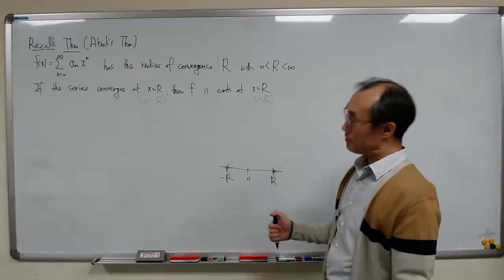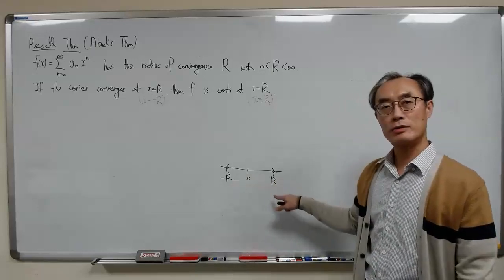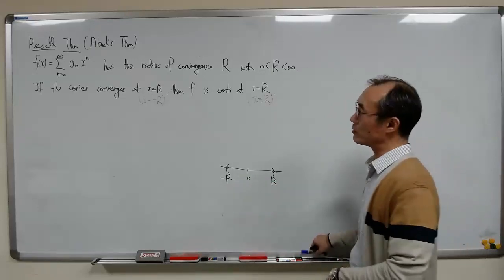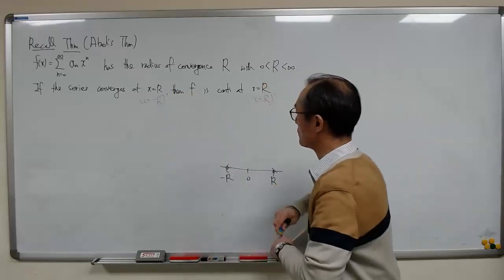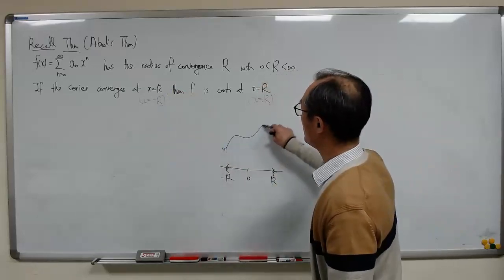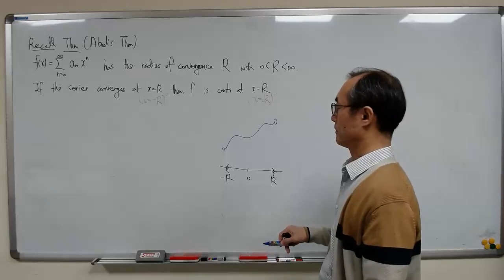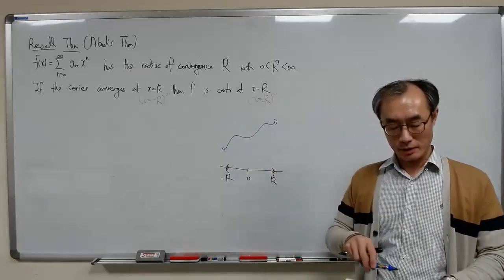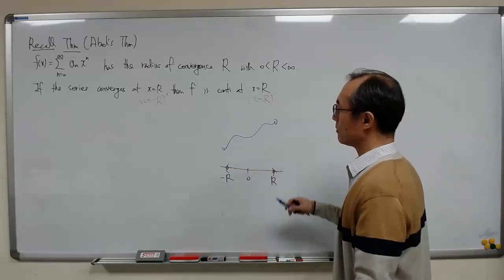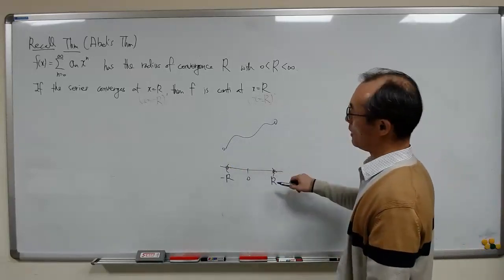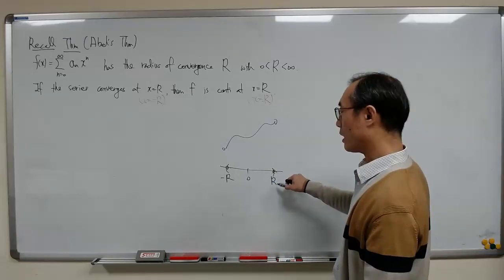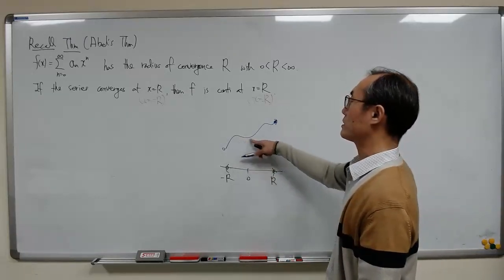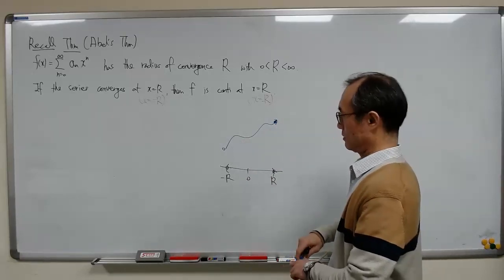That means inside of the radius of convergence, in the open interval from minus r to r, we know the power series converges to a continuous function like this. In addition to that, Abel's theorem tells us if the power series has a finite value at the endpoint r, then that value must be the limit of this continuous function.